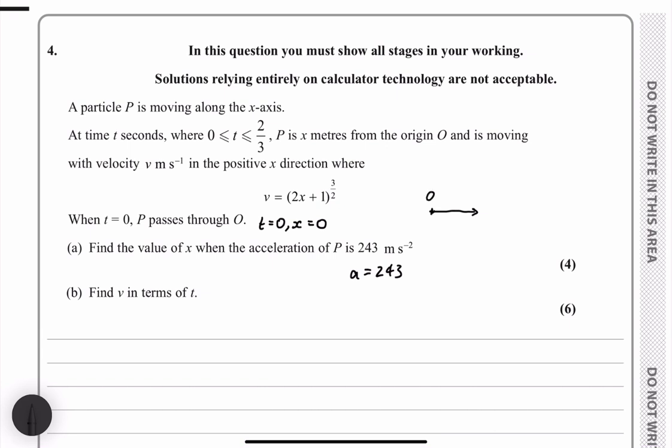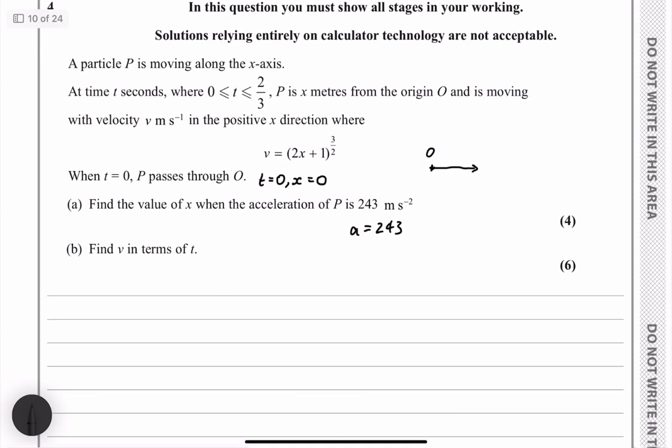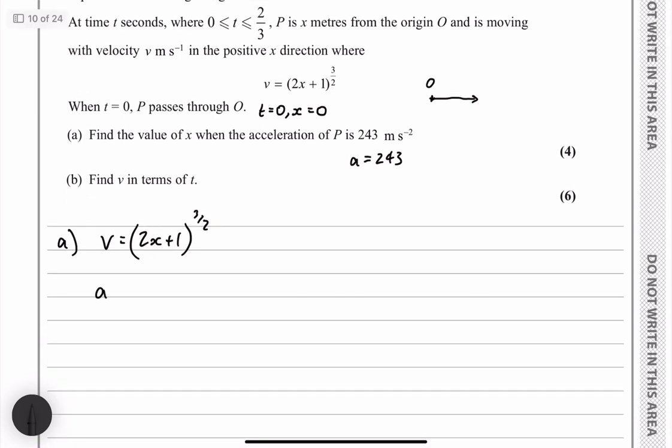So here's O, and we're going to need an expression for a in order to use that information they've given us. So if we know v is (2x plus 1) to the 3 over 2, a is equal to v dv by dx. dv by dx, then, differentiate this, we get 3 over 2, (2x plus 1) to the 1 over 2 times by the derivative of the thing in the brackets.